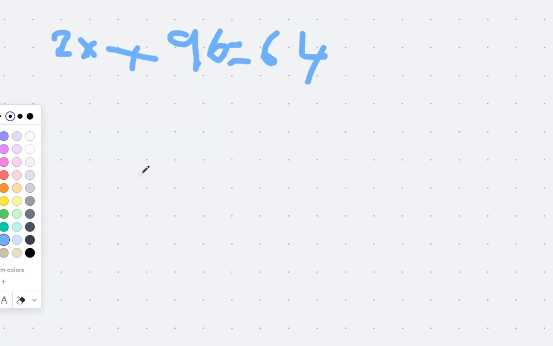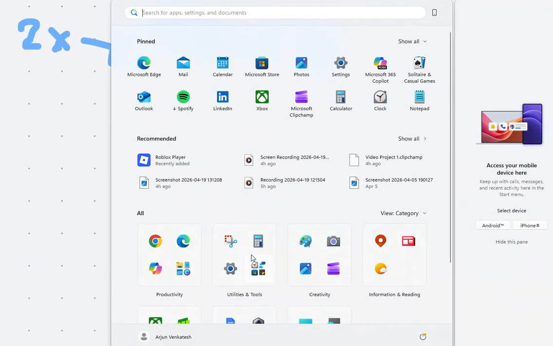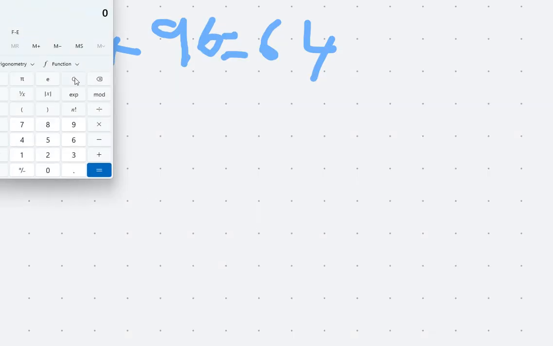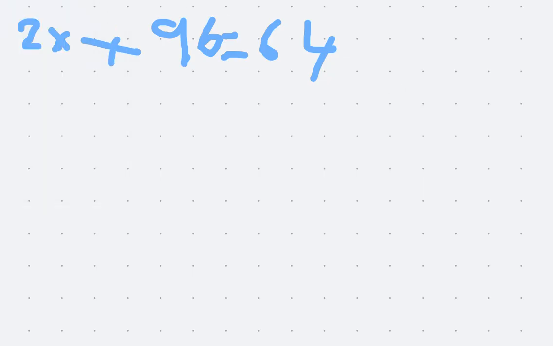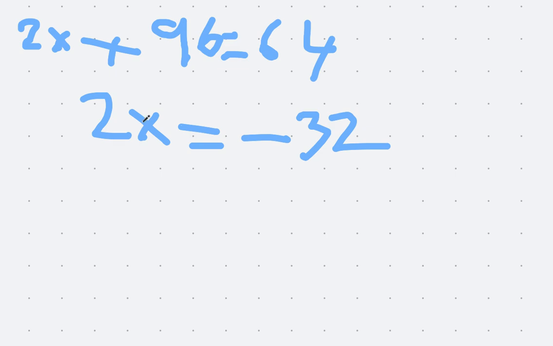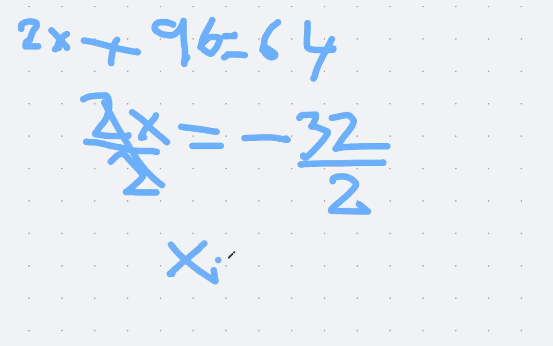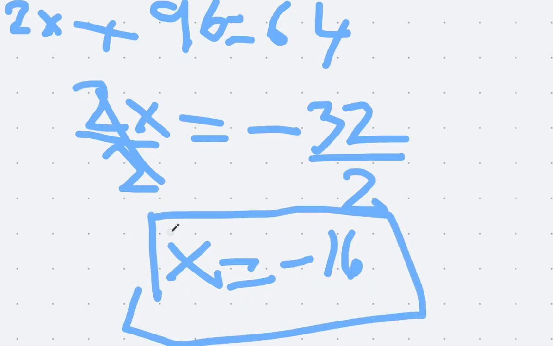So let me pull up the calculator real quick, because I cannot do 64 minus 96 in my head, but 64 minus 96 is negative 32. 2x is equal to negative 32. So you will divide by 2 on both sides, and you'll get x is equal to negative 16. And this is one of many examples where x will be negative.